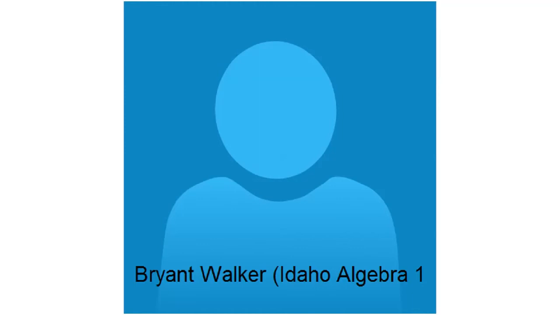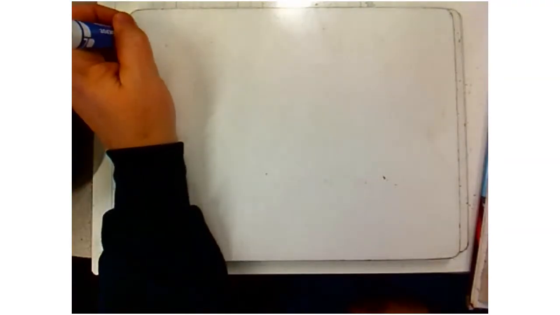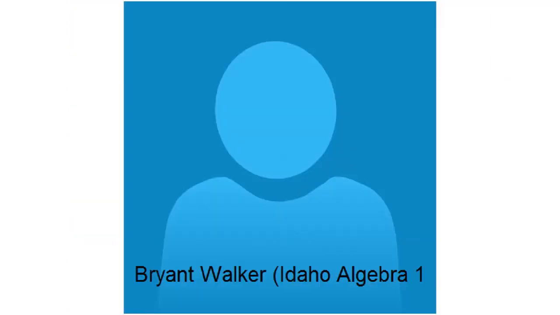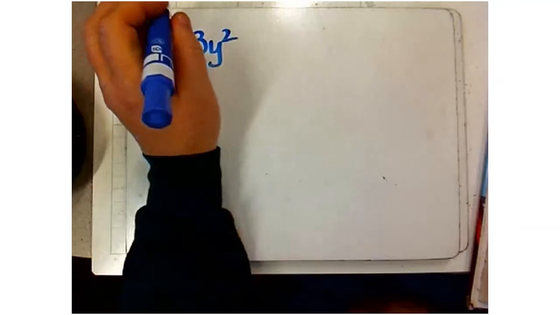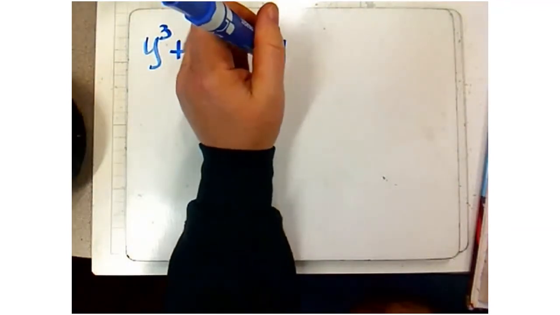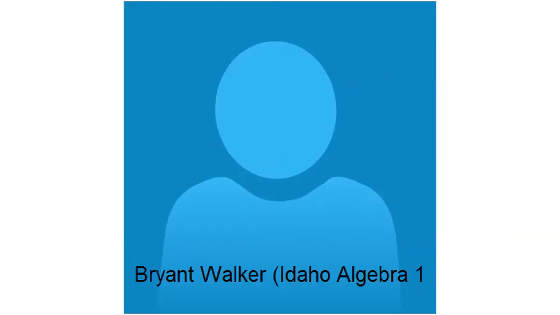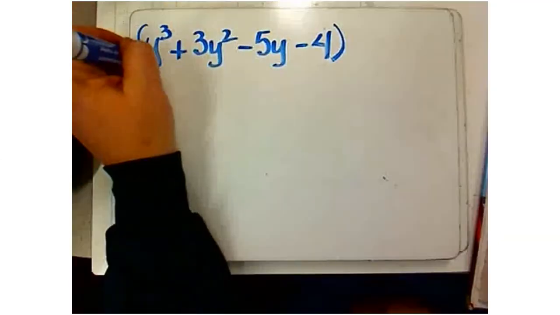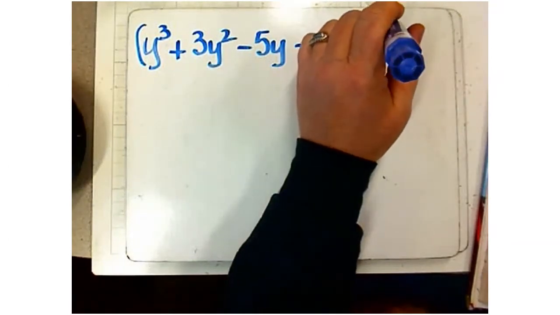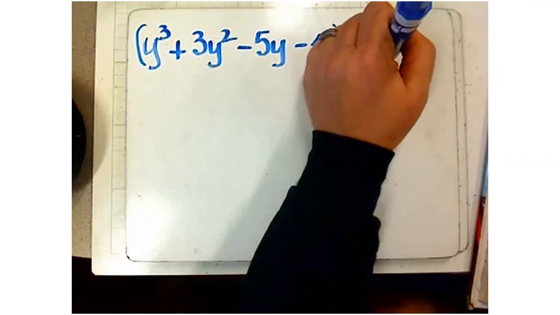They've set 29 up as a fraction, but it still could be written with the division symbol if you wanted to. 29 says y to the third plus 3y squared minus 5y minus 4, and that's all divided by, all over, y plus 4.